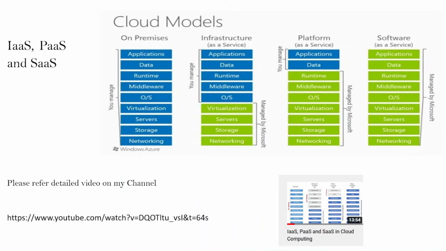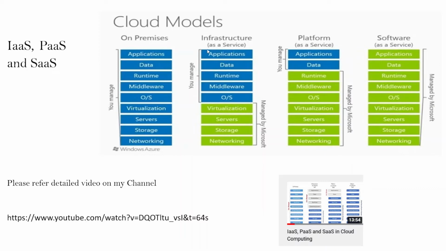The next topic we have is IaaS, PaaS and SaaS, which I mentioned earlier. Again, this is something like cloud services. So on premise, these are the requirements for setting up an IT service.